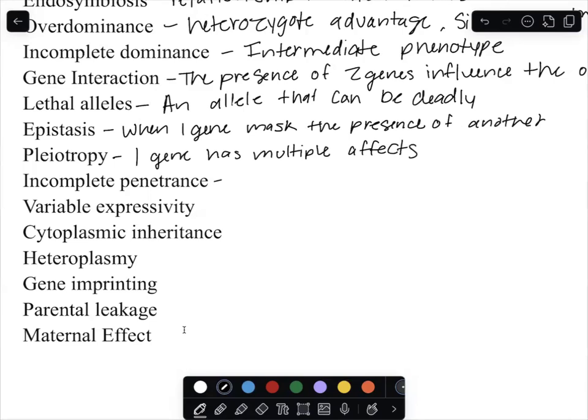Incomplete penetrance is when a dominant genotype is carried but is not expressed.